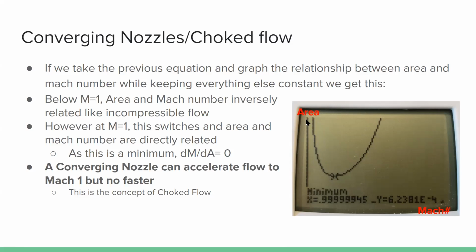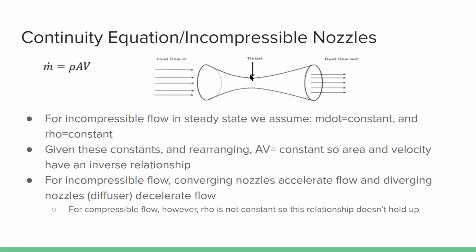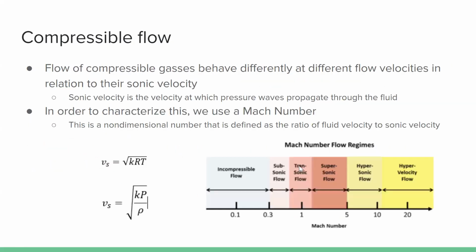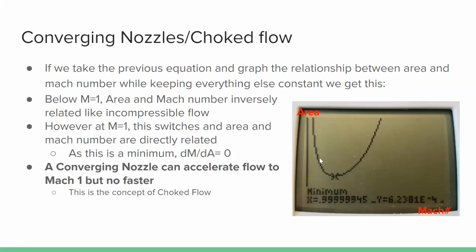They have an inverse relationship, just like back for compressible flow. I think you can even see basically when you transition between these regimes, you would just put a tangent line here.